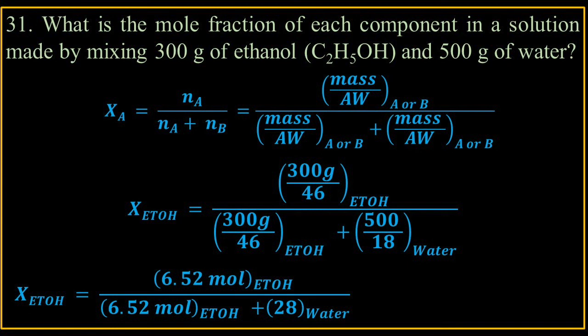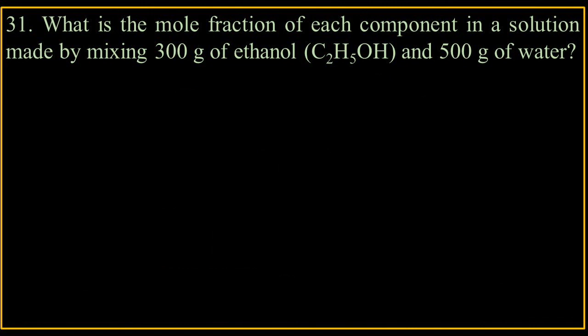The equation you get is X_A equals n_A over n_A plus n_B, and then the mole fraction of ethanol is going to be 0.19. Now, how do you find the mole fraction of water? Well, let's say X_A is water now, correct? X_A is water. So it would be the moles of water divided by the moles of water and ethanol.